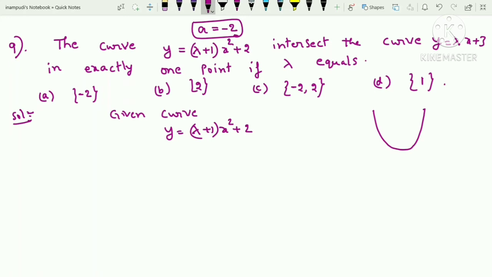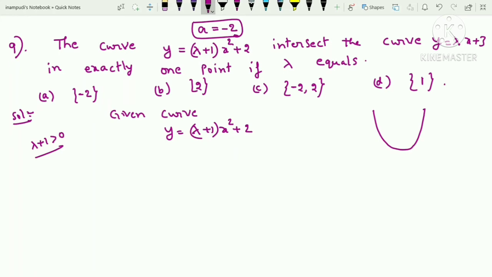Otherwise lambda plus 1 is negative. If lambda plus 1 is positive, this is the upward direction.